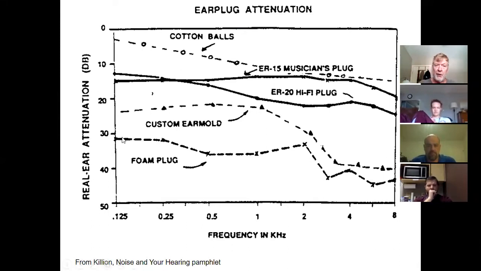Well, about 30 decibels of attenuation for the lows, for the mids, and then even more than 30, around 40 decibels attenuation for the high frequencies. So you can tell that those foam earplugs are much better than cotton jammed into an ear.